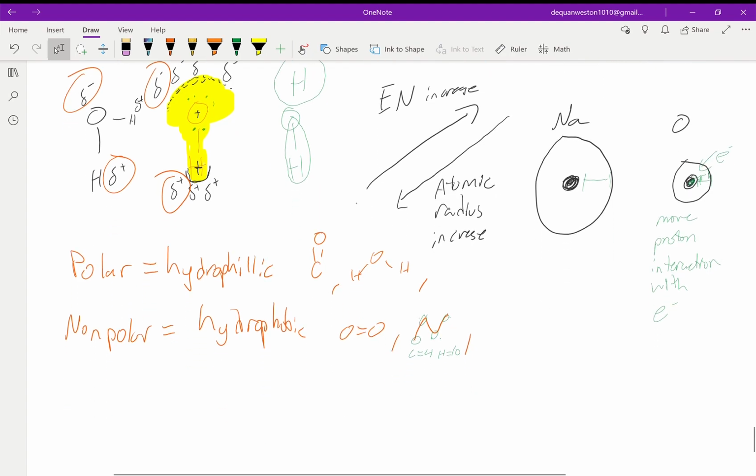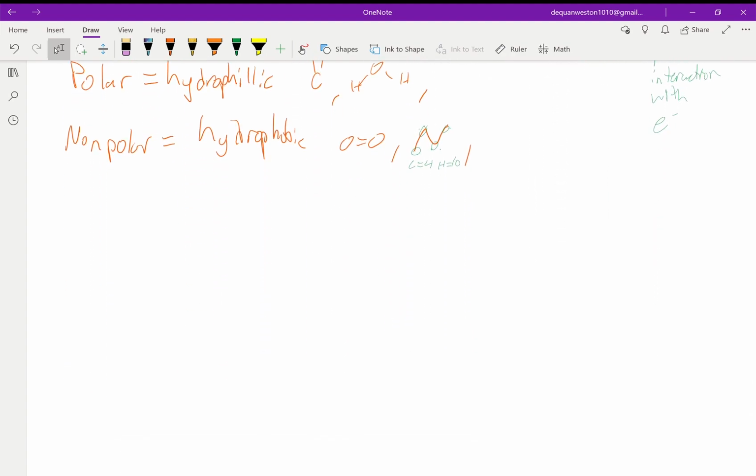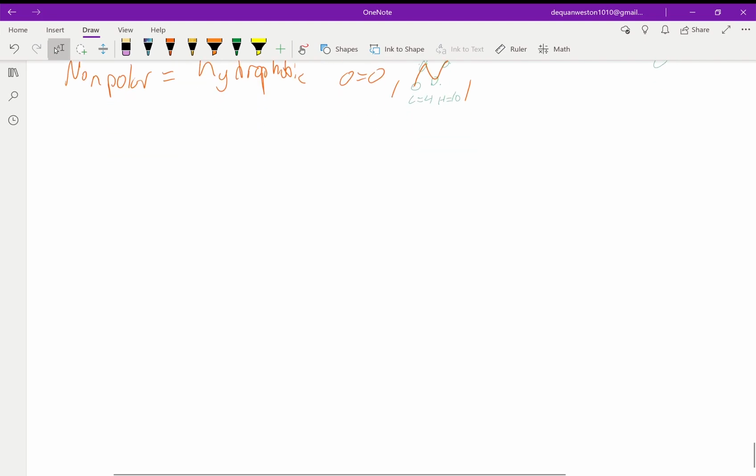Alright, so now we're in macromolecules. I'm basically just going to draw the table that you guys have been given. It's a pretty simple table. It just has the macro, the mono, and a couple other things.